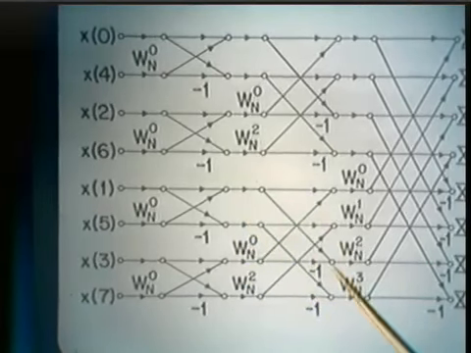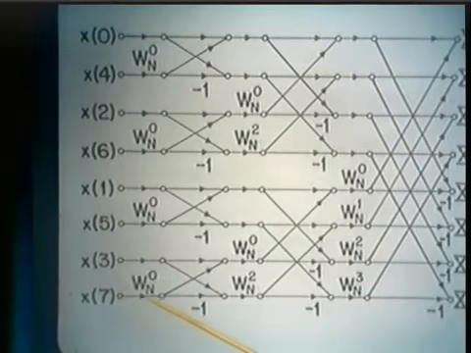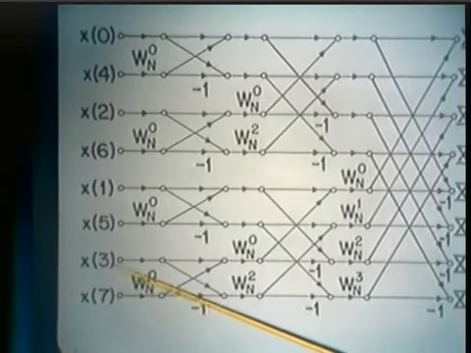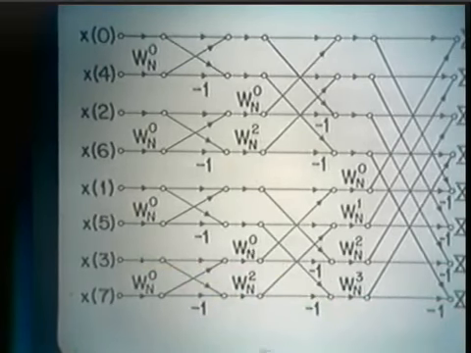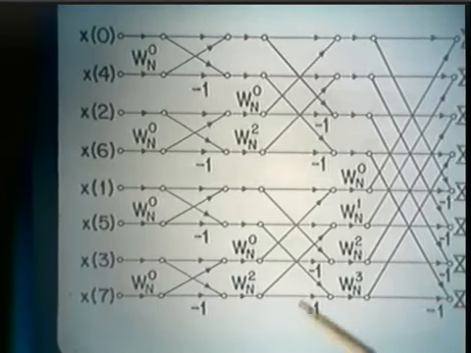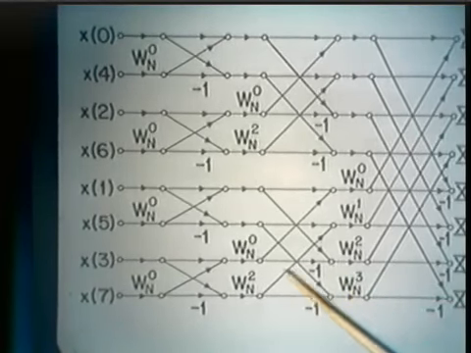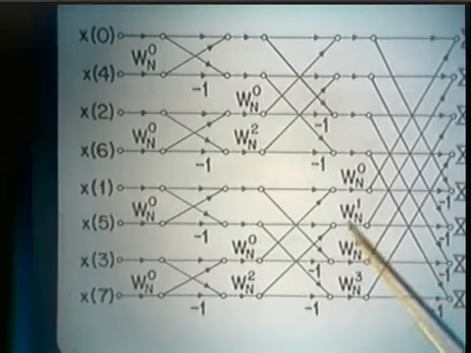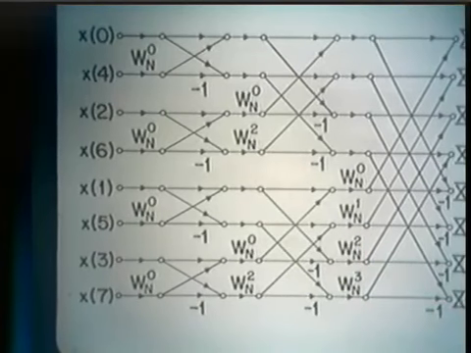So if we think of nodes on the same horizontal line as corresponding to identical memory registers, then we see that with the computation organized in the way that this flow graph suggests, the computation can be done in place.